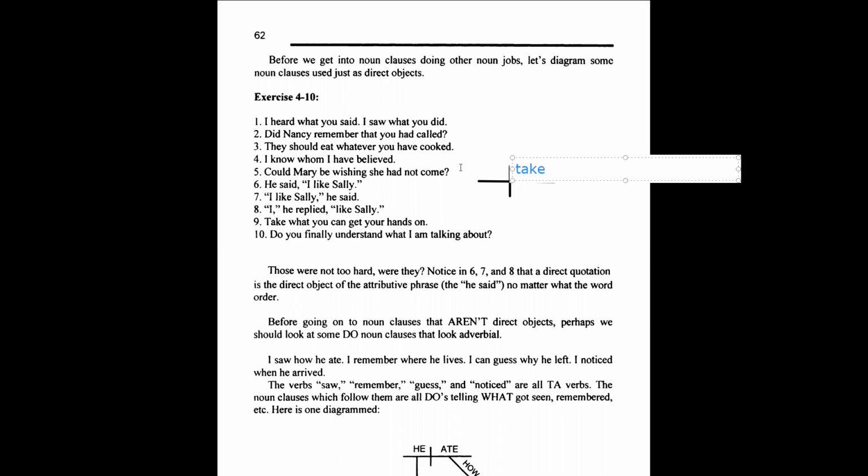Just like if I said read, I'm referring to you. So I have you. You take what you can get your hands on. What is it that you are taking? It's what you can get your hands on. So how am I to diagram that?